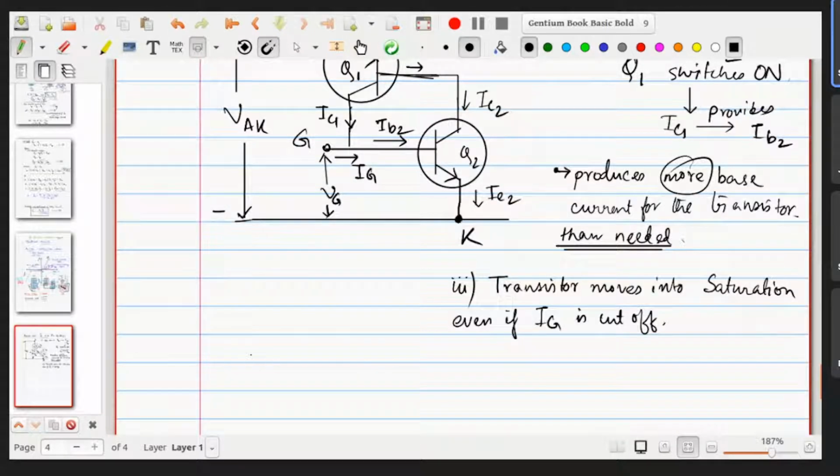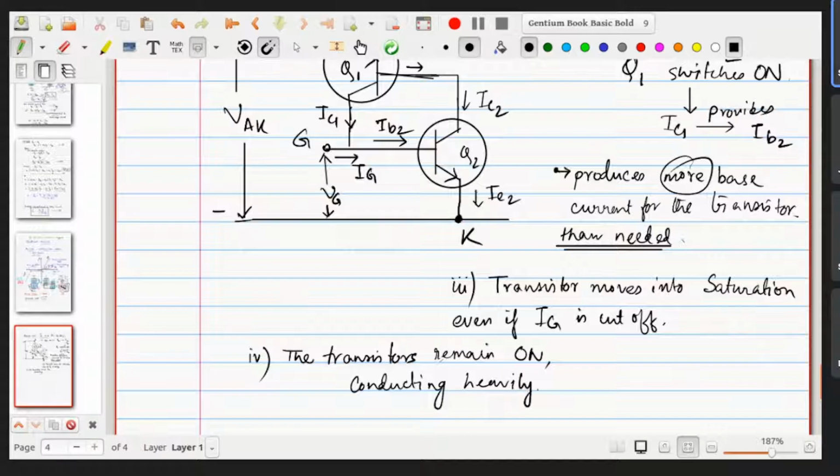So what we can say in the 4th point, the transistors remain on, conducting heavily even with small gate to cathode voltage and anode to cathode voltage drop.